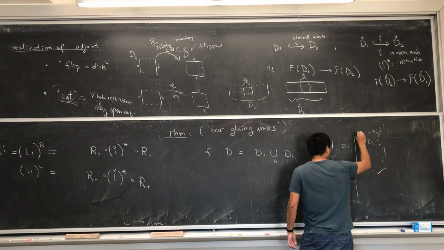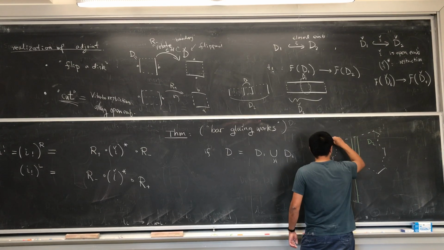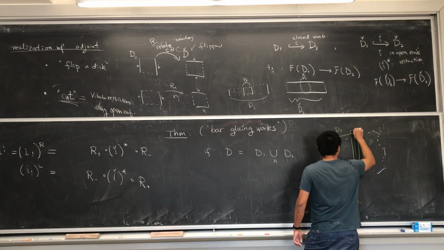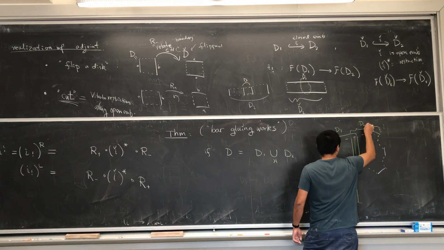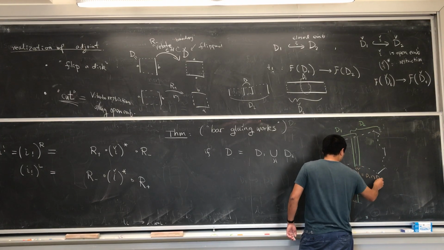So this part is, say, D1, and this part is D2, and this guy, H, is D1 intersect D2.